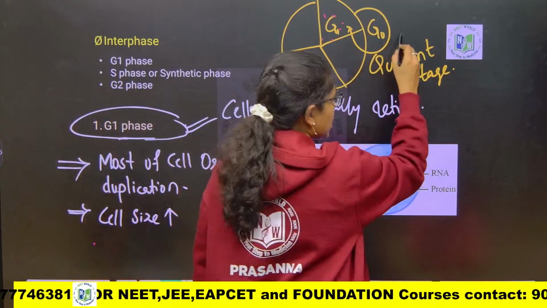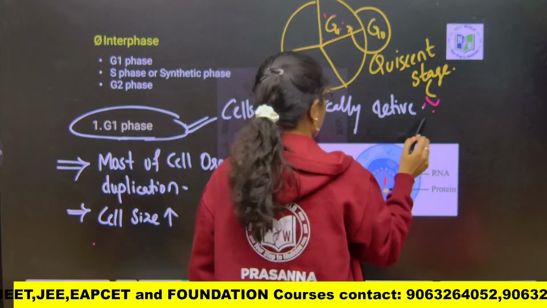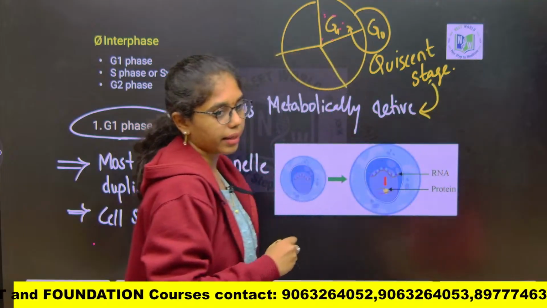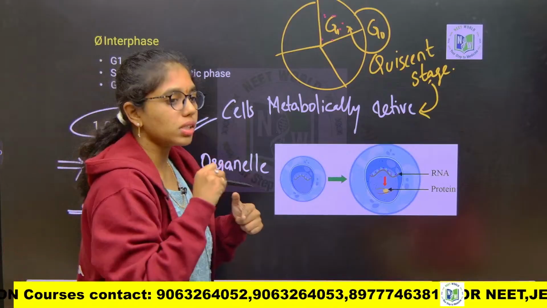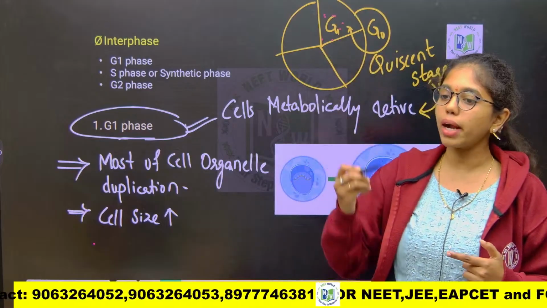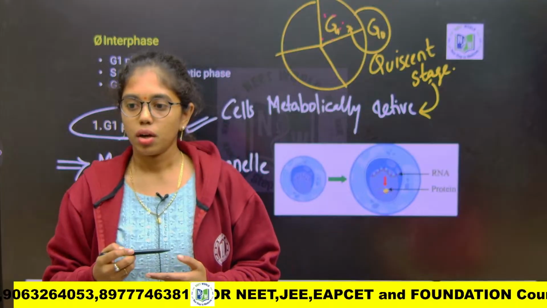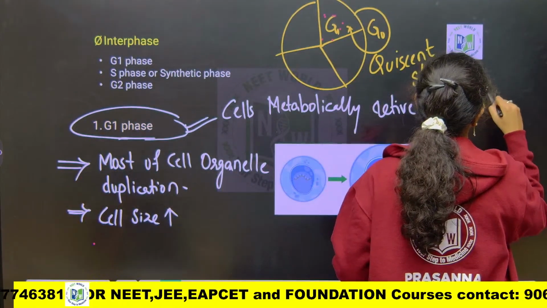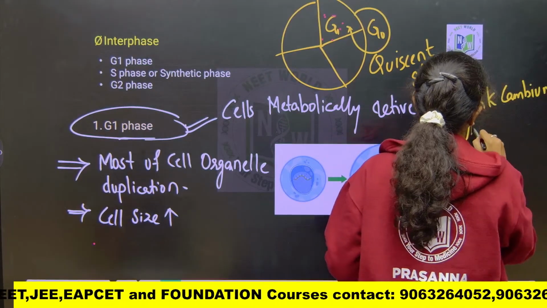In this stage also cells are metabolically active, remember that. And from G0 phase, some cells get back to cell division. Name few permanent cells which get back to cell division again: cork cambium or vascular cambium.